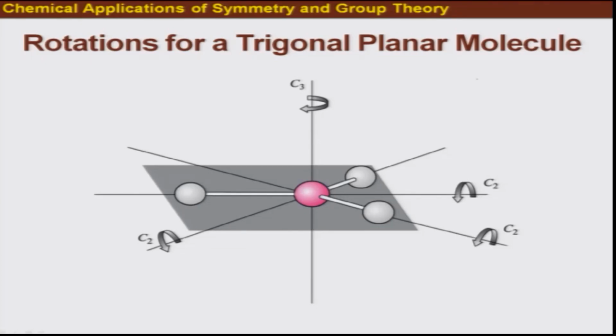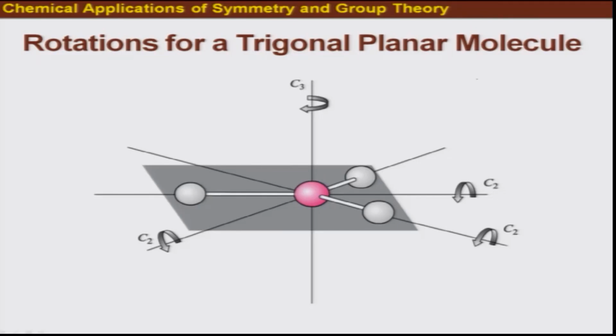All the atoms are in the same plane, so it's trigonal planar. In the last page we have seen that there is a C3 axis, about which you can have a 120 degree rotation and get the identical structure. But is that all? No.